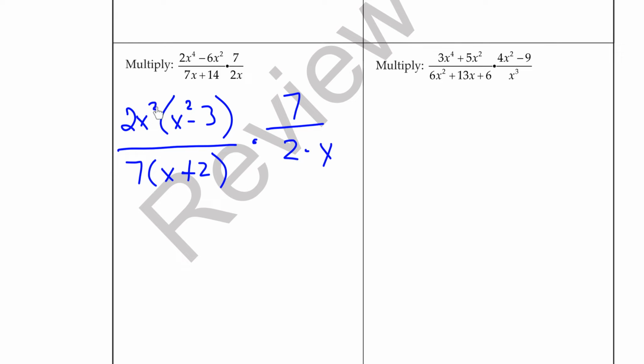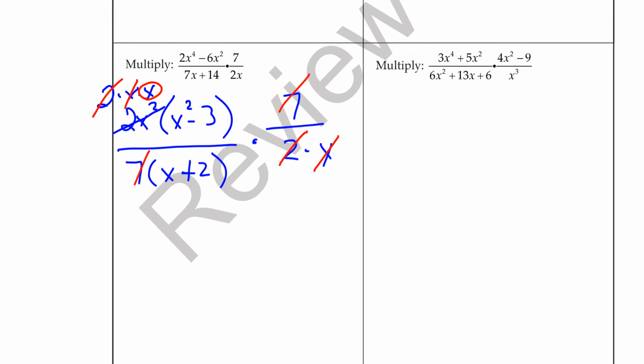That brings me to another thought, where you might want to just pull this apart. I'm going to write it as 2 times x times x. That would be 2x squared, because I see this 2 canceling with this 2, and this x canceling with this x, but this one is still there.